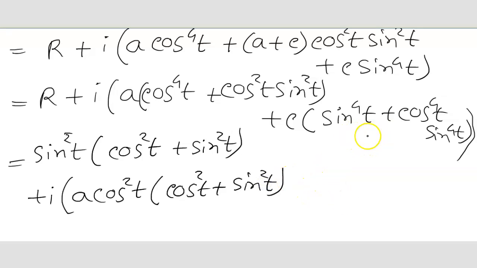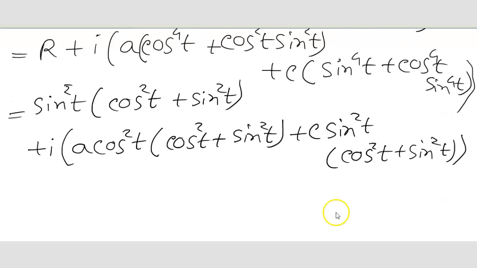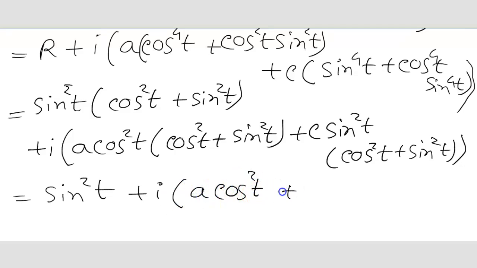And from here we can take common sin²t, which again gives cos²t plus sin²t. So if you simplify this whole thing, we are simply left with sin²t plus i times (a cos²t plus c sin²t). This is the z.